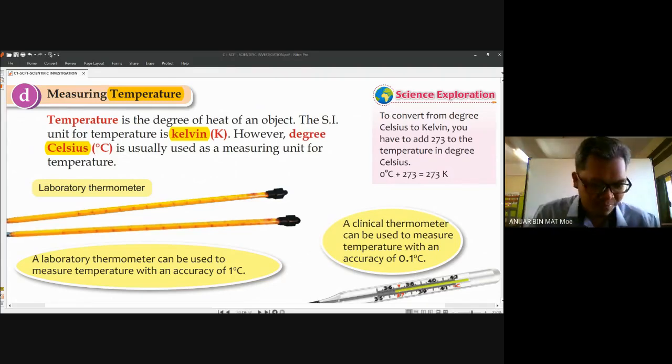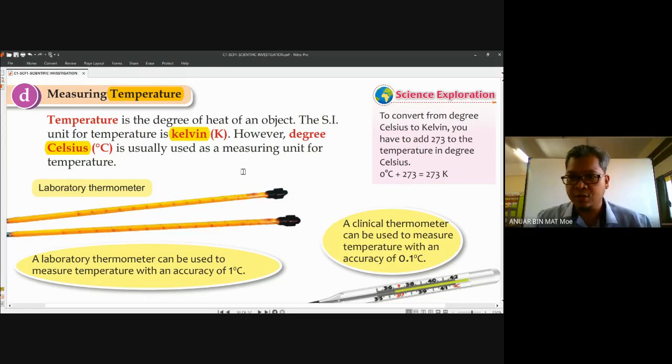We are using Celsius, but in other countries, in particular, if you go to United States of America, in America they use Fahrenheit, with capital F. But in Malaysia we use Celsius, degrees Celsius, but the SI unit of temperature is Kelvin.